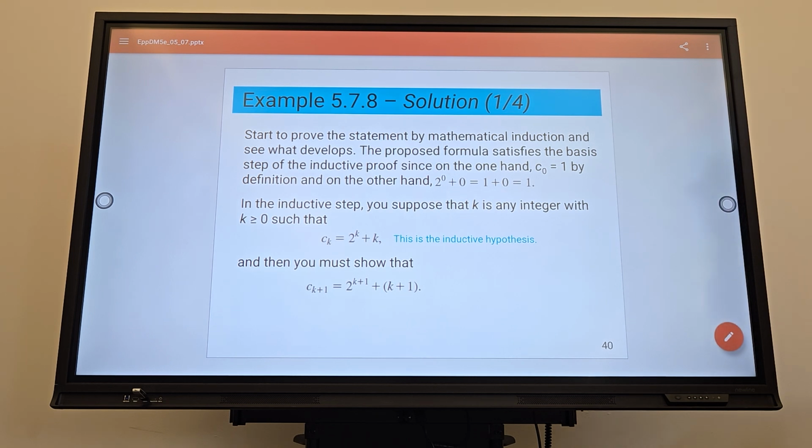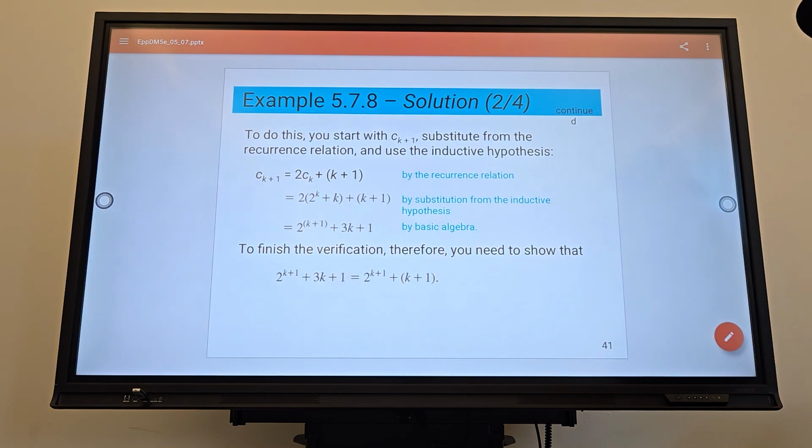So in the inductive step, you suppose that k is any integer with k greater than or equal to 0, such that C sub k equals 2 to the k plus k. And then you must show that C sub k plus 1 equals 2 to the k plus 1 plus k plus 1.